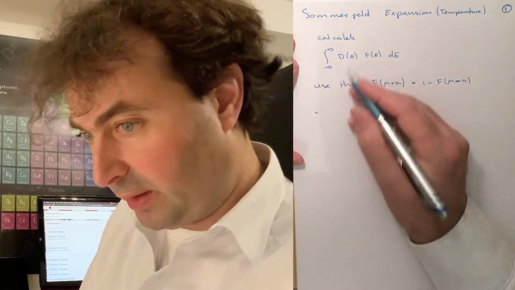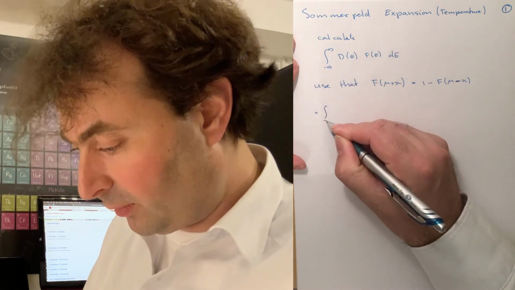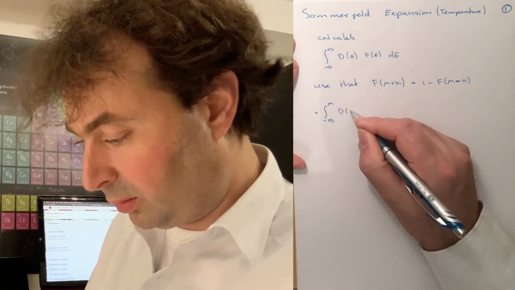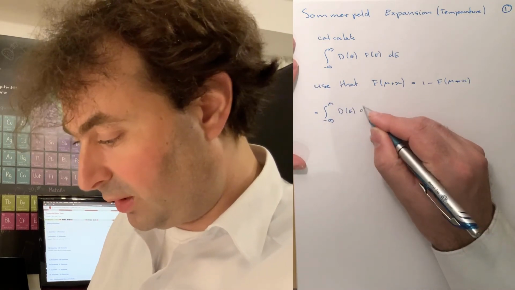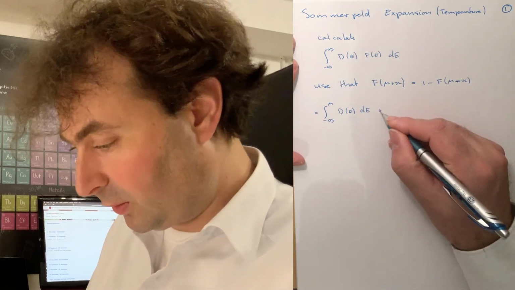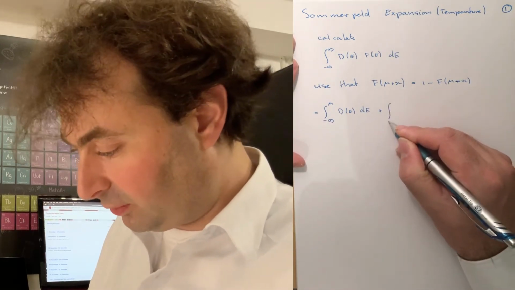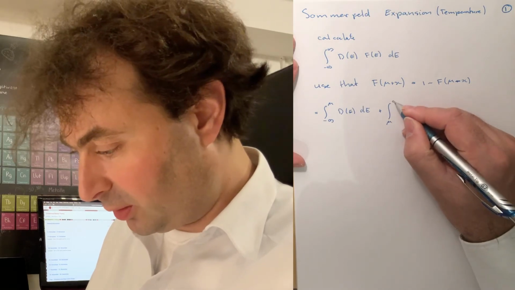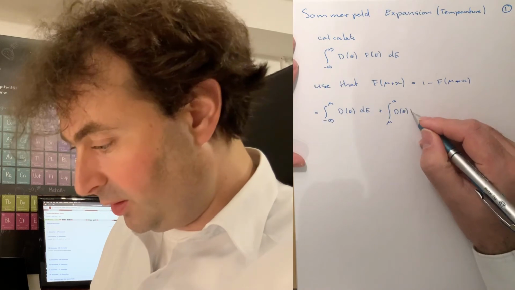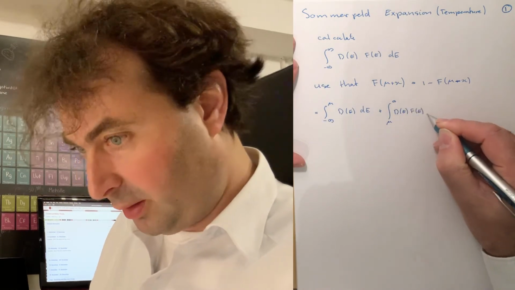So we're going to look at this integral, and we're going to integrate once the densities of states without the Fermi function up to the chemical potential, and then we have an integral from the chemical potential up to infinity of dE D(E) f(E).